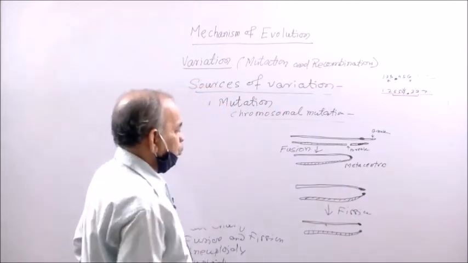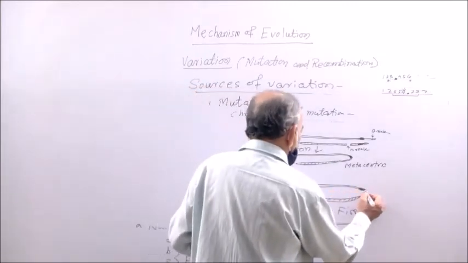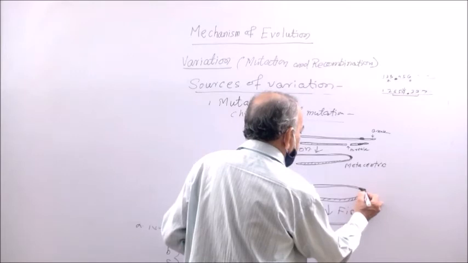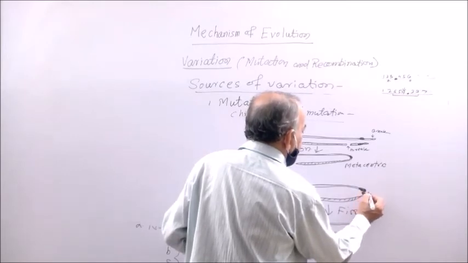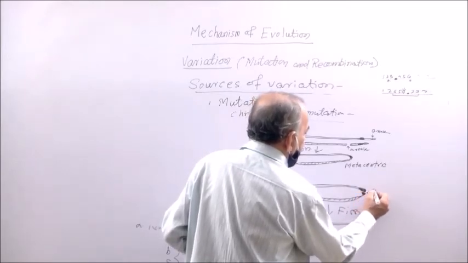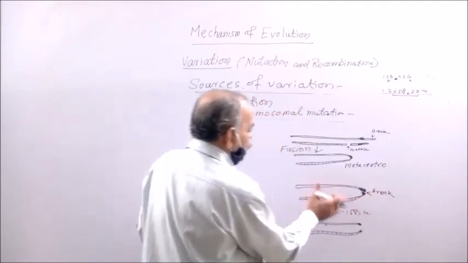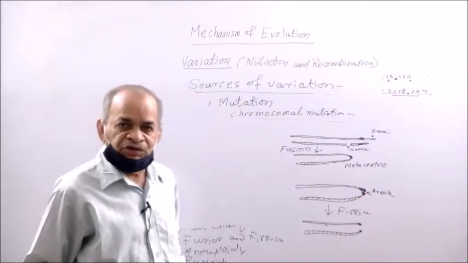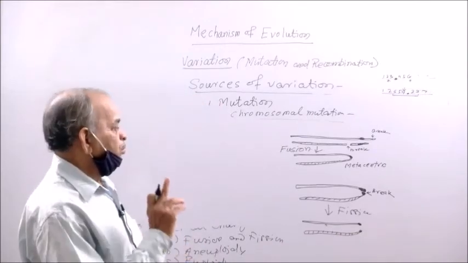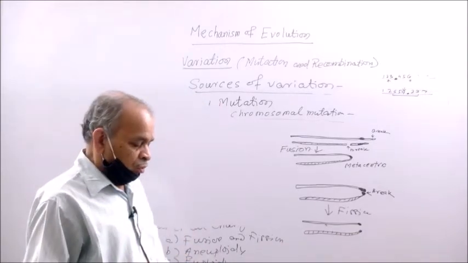So one chromosome here, this is the centromere. Now there is a break in the centromere, so they are separated, that is fission. So one chromosome is converted to two chromosomes.